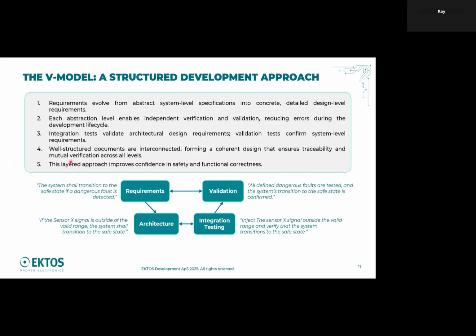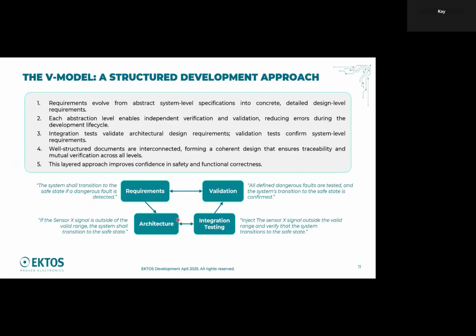I put in an example, very abstract, but nevertheless: the system shall transition to the safe state if a dangerous fault is detected. On this level, this requirement is quite vague, because we don't know how many dangerous faults, or what exactly is dangerous, because we have no clue what can happen with our product. We don't have hardware, we don't have a design, we have nothing yet.